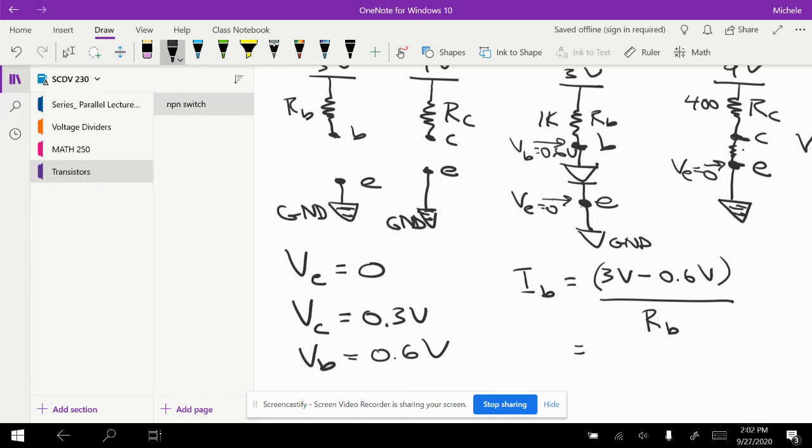So 3 minus 0.6 equals 2.4, and then divide that by 1,000.